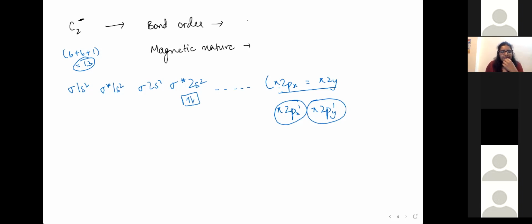Rishit, your magnetic nature is correct. Bond order, check the calculation. Ritu, yes. And Kaveri, I think there's some mistake in the math, plus minus 1. Just check that. Okay, rest of you all, like Sanat, yes, now whatever you calculated, you got it right.